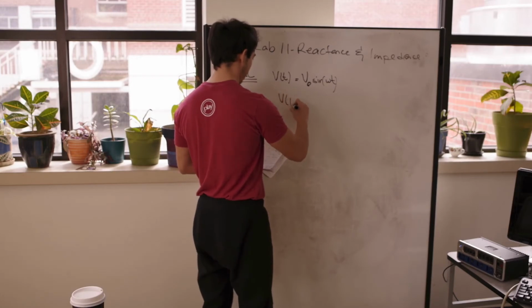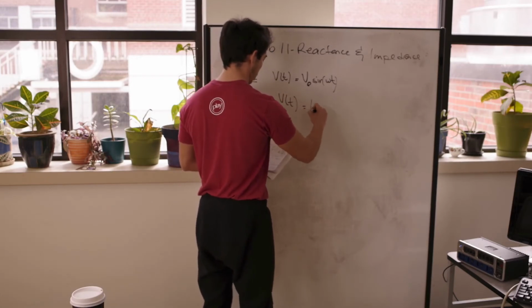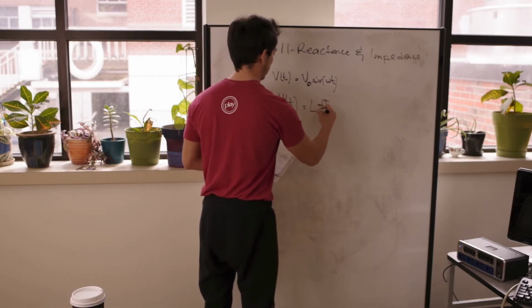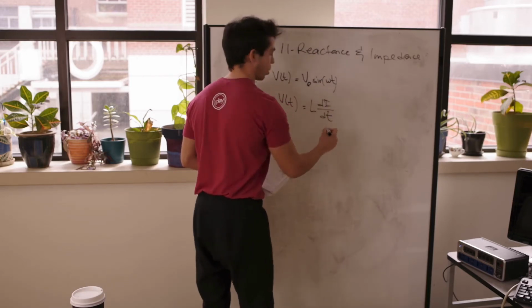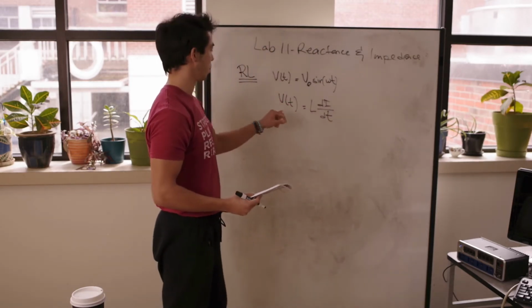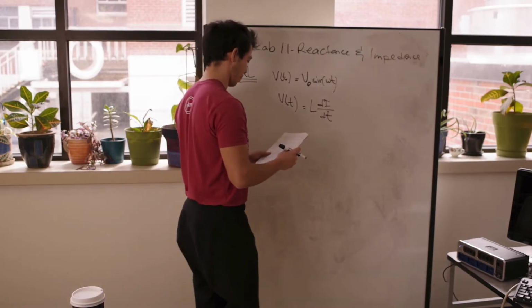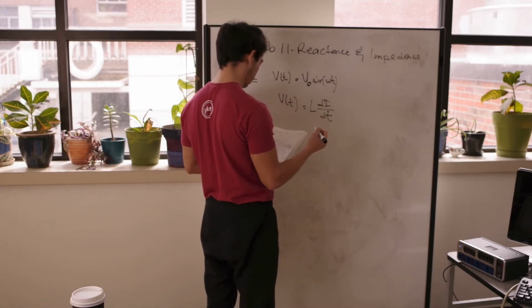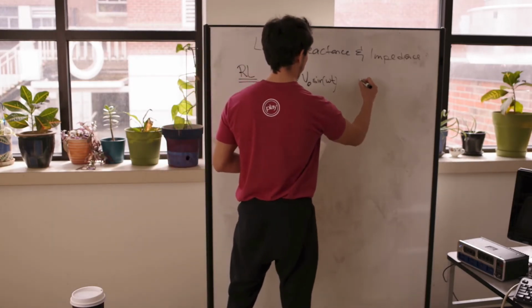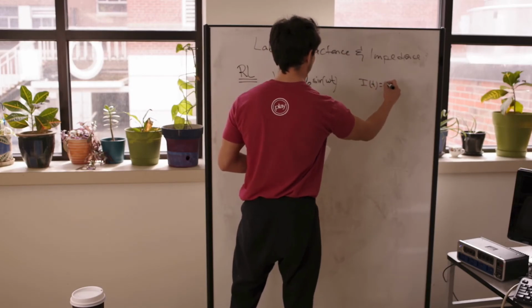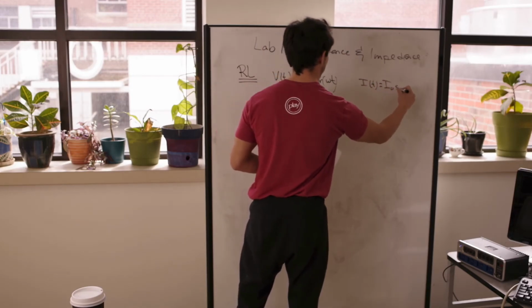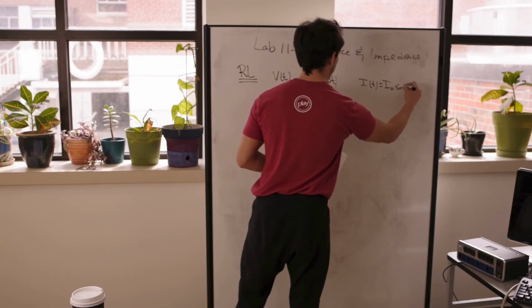And we get V(t) equals L di dt. If you recall from previous labs, this describes the voltage across the inductor. The current is also given by I0 sine omega t.